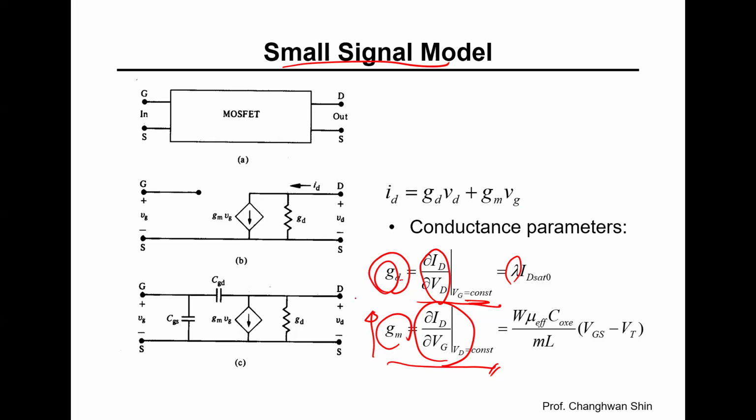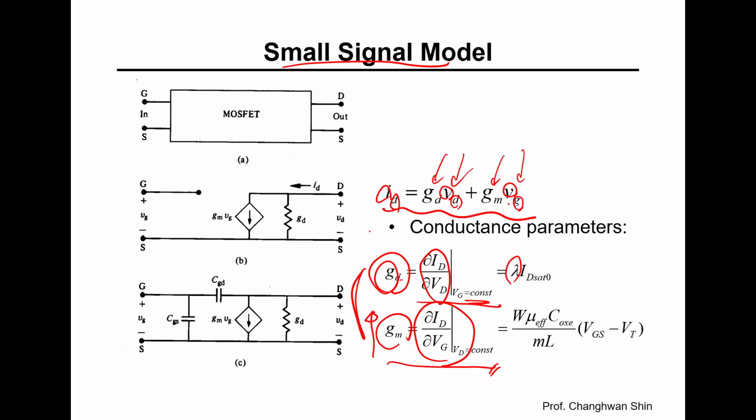These parameters define the small signal behavior through this equation: id is equal to gm times vg plus gd times vd, where lowercase letters represent small signal variables.